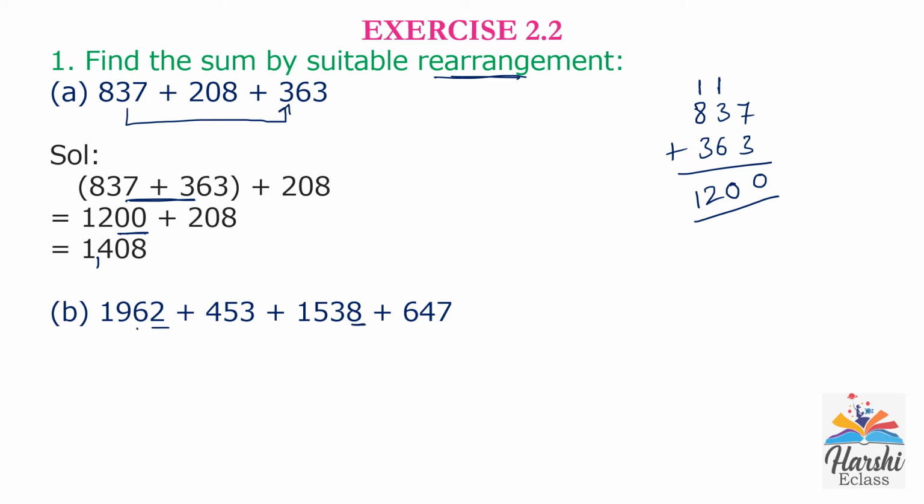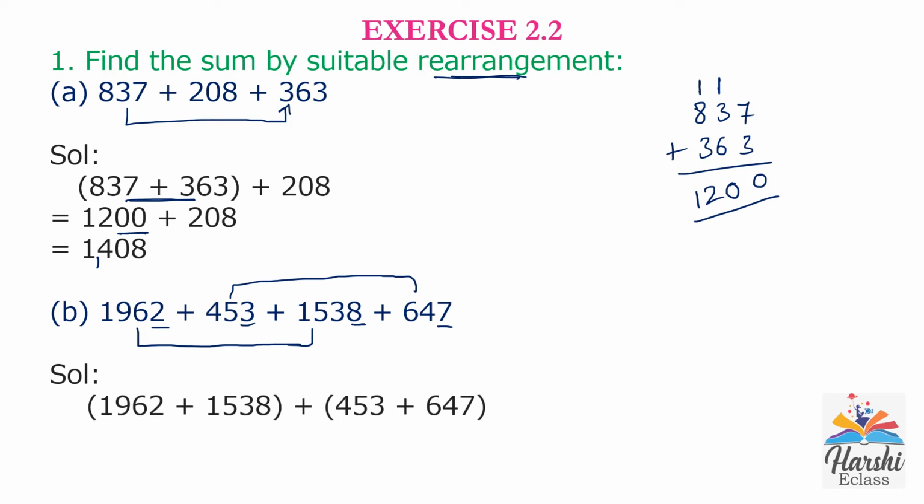If we add 1962 with 1538, we will get a number which is ending with 0. So I am going to write these two numbers in one bracket. Then 3 plus 7 is equal to 10. So I will write these two numbers in brackets.